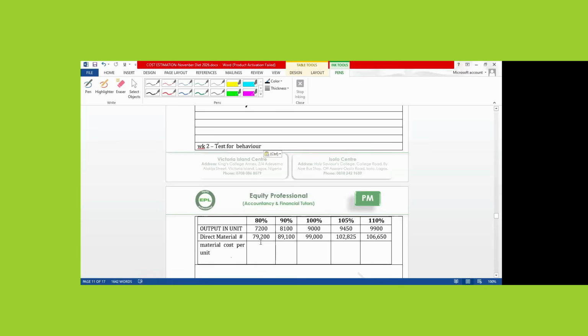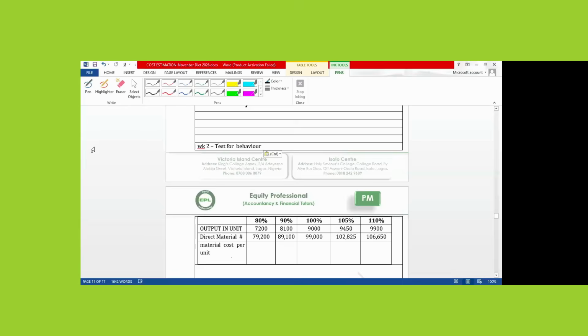If you check out, this is 79,200 at 80%, at 90%, 89,100, at 100%, 99,000, and so on. Now get material cost per unit. When we produce 7,200 units, total material cost is 79,200. So total material divided by number of units.